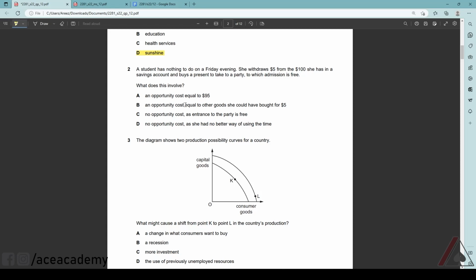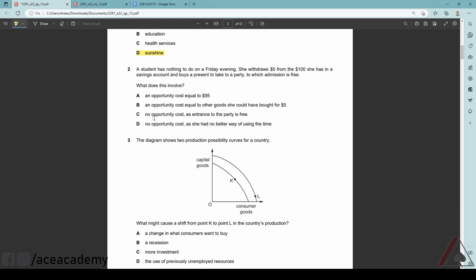B, an opportunity cost equal to the other goods she could have bought for $5. This can be your answer because she made the choice to use the $5 to buy the present to take to a party. Therefore, there would be an opportunity cost where she could have bought some other goods that equal $5 except the present, right? So B can be an answer.